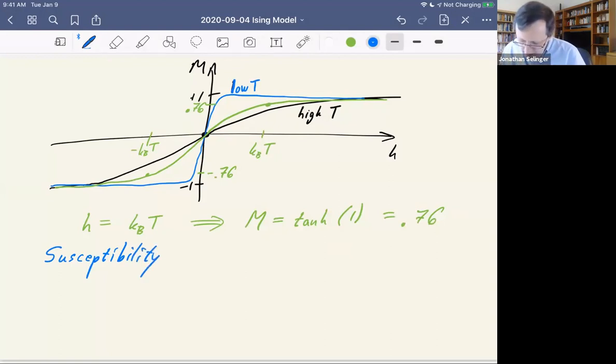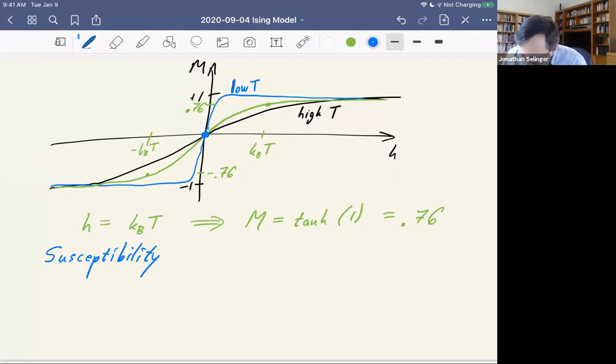Susceptibility. That means if you are at zero field, so you start there, and you put on a little field, how big a magnetization do you get? So that means what's the first derivative of the plot at h equals 0?